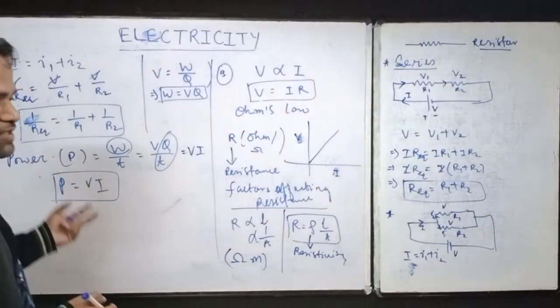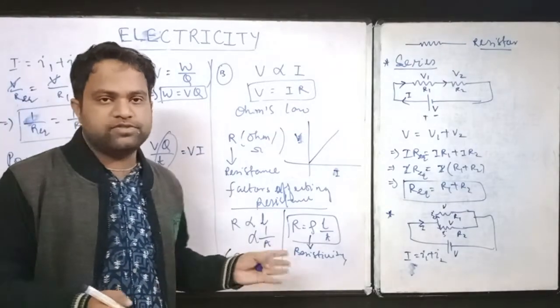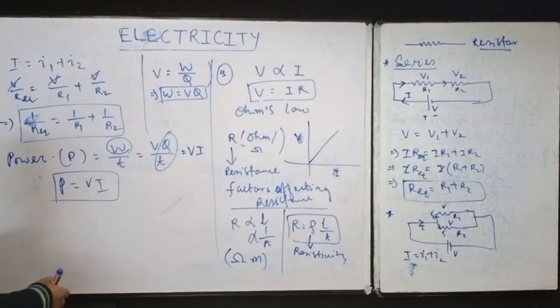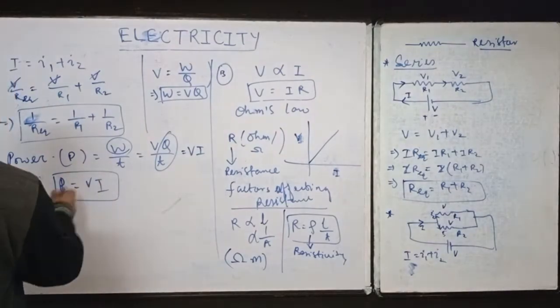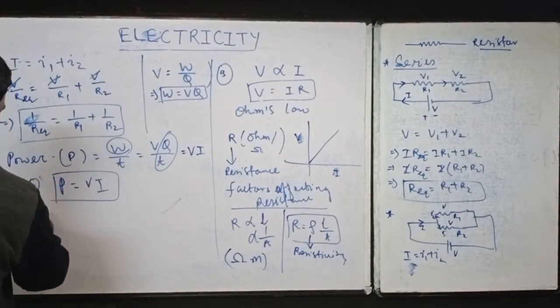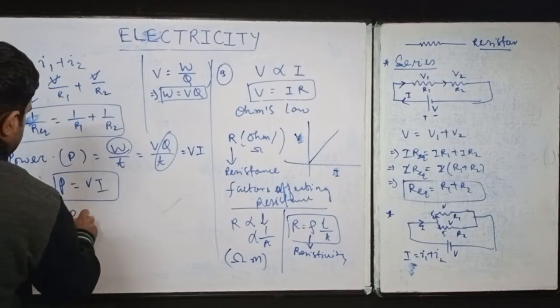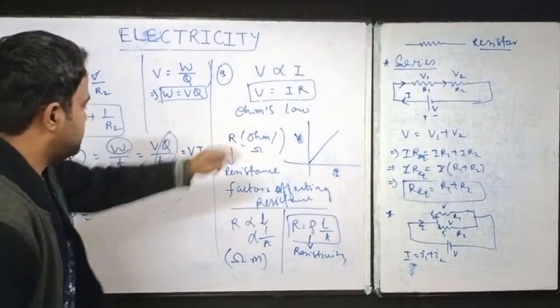Now in numericals, when we solve different types of problems, we need this power in different forms. Suppose this is formula number 1 for power. Formula number 2: V equals, from Ohm's law, IR.